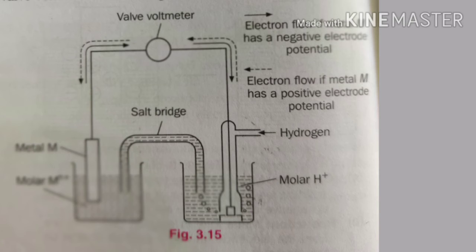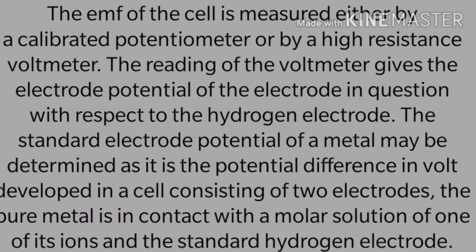When you make a voltaic cell, the potential difference between the two can be determined from the voltmeter. You know E0 cathode minus E0 anode is equal to the EMF of the cell. The EMF is measured from the voltmeter, and the cathode is 0 volt, so we can find out the electrode potential of zinc.